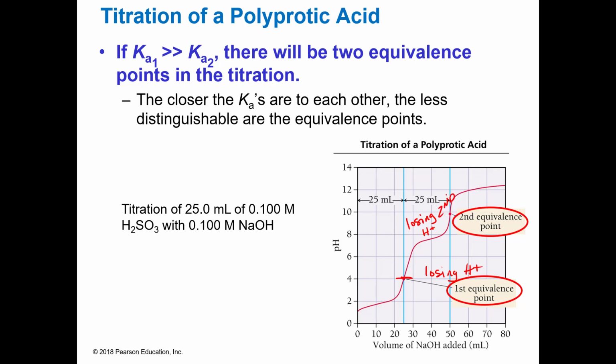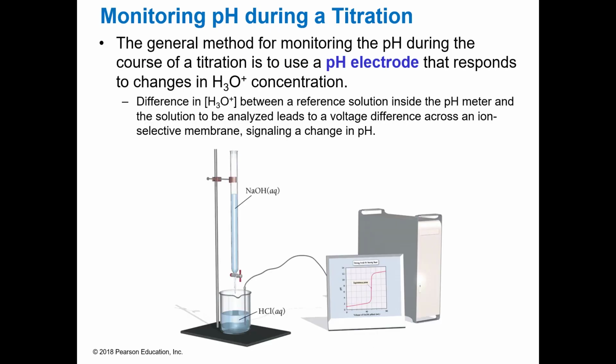Because you've got 2 hydrogens, in H2SO3 you're first going to go to HSO3 minus, and then you lose that second one and go to SO3 2 minus. And so you've got 2 areas of equivalency, and you're going to see a pattern something like this. We're not doing a lot of calculations with polyprotic and even diprotic, mostly monoprotic at this level.